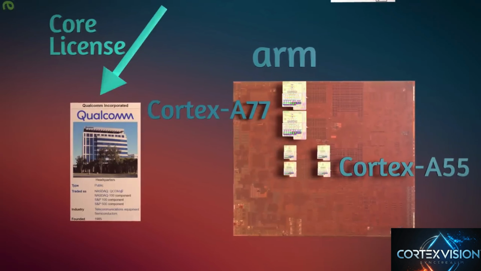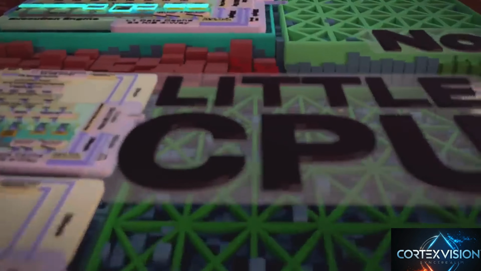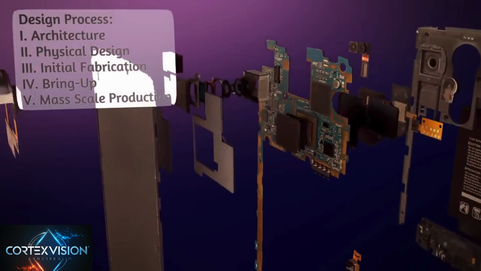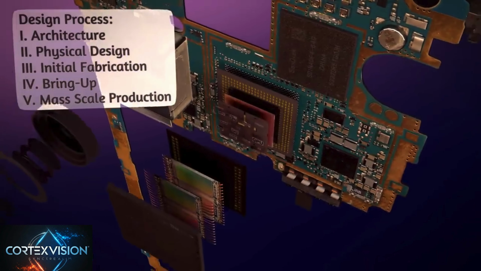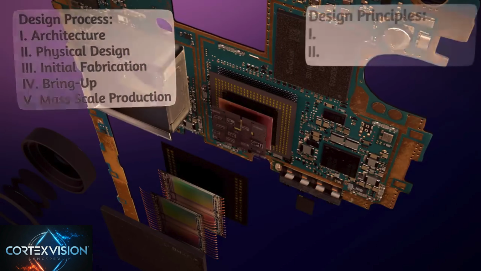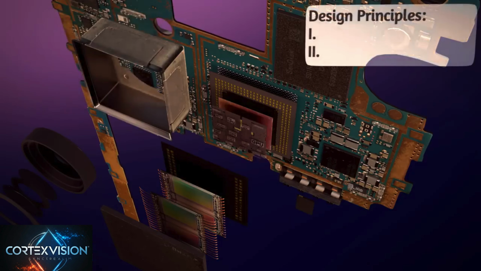However, all this information still begs the question of, how do these SoCs get designed and manufactured? Instead of talking about the entire design process, which you can find in the creator's comments, we're going to discuss two design principles of the SoC.